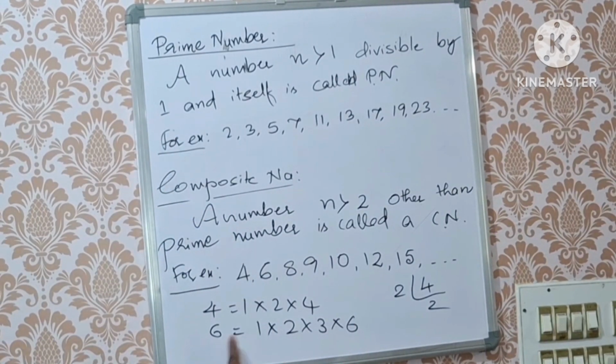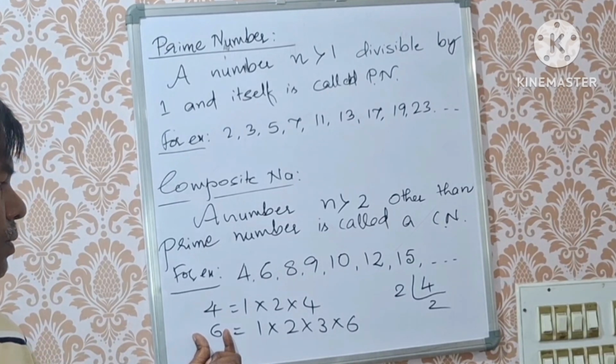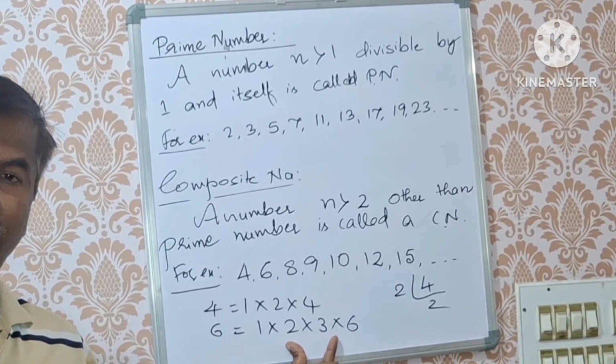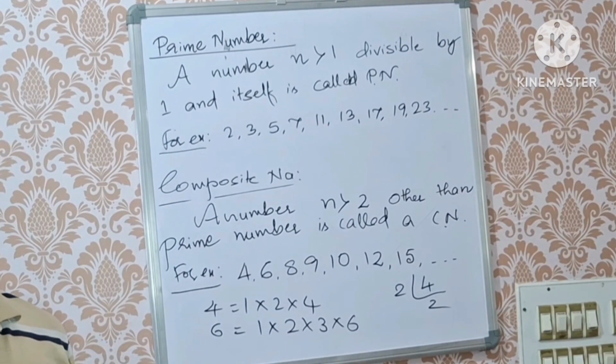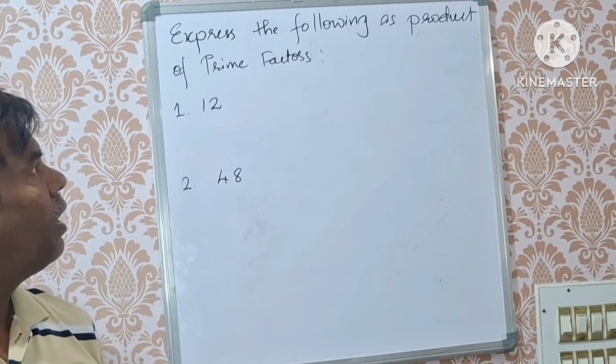Therefore, a number which is divisible by 1, itself and other numbers is called a composite number.